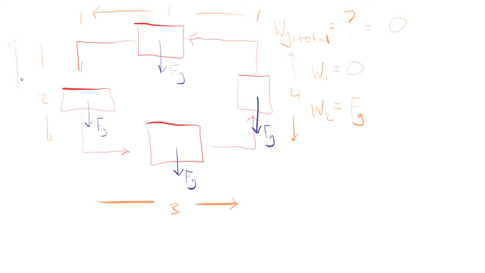We'll consider it to be a square with sides d. So the work over path 2 is just the force of gravity times d times cosine of theta. The angle between the two is 0, so cosine theta is just 1. The work done by gravity on path 3, again, the displacement and the force vector are perpendicular, so the work done is 0.